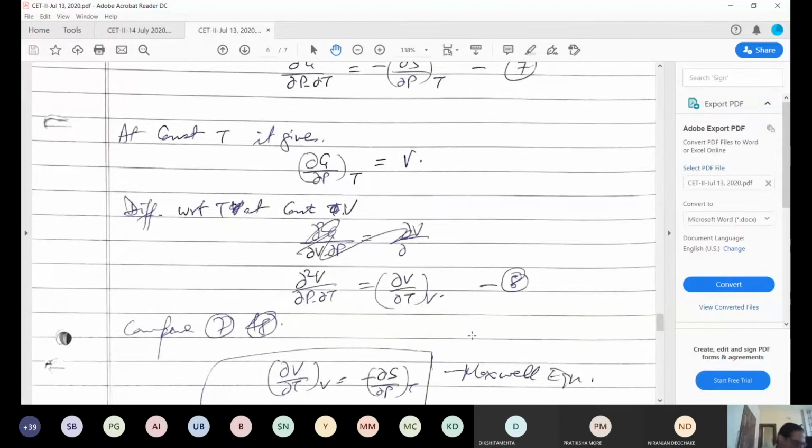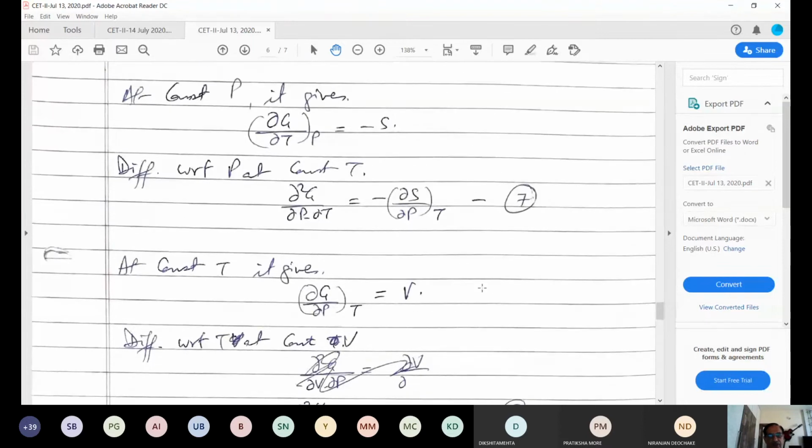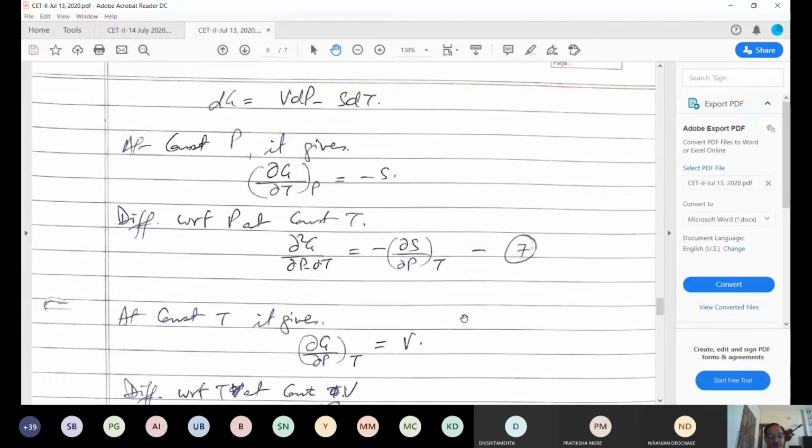Yeah, delta V by delta T at constant pressure, not V. Yeah, because this is G, right? So P and T. It should be constant pressure.